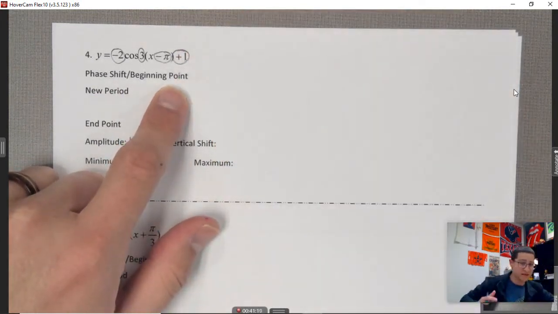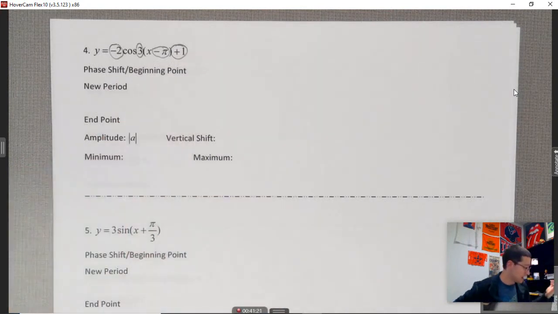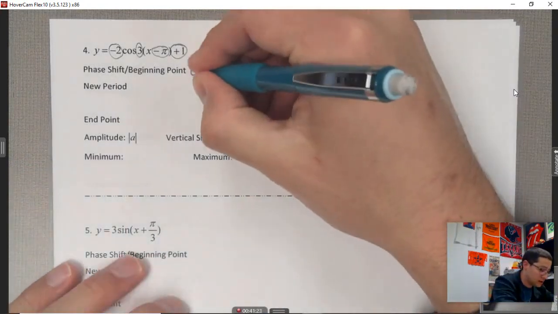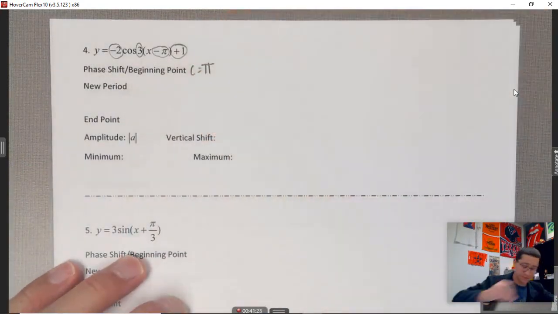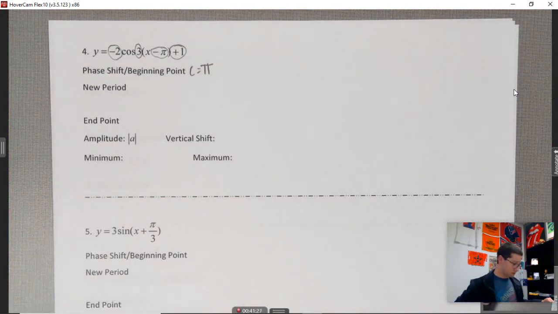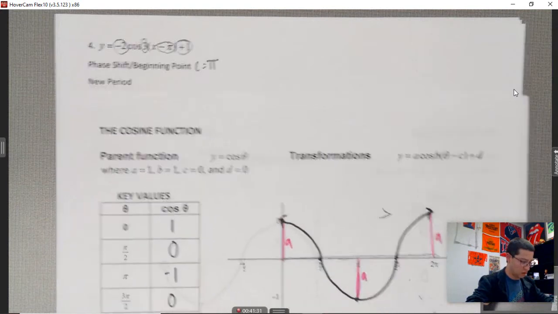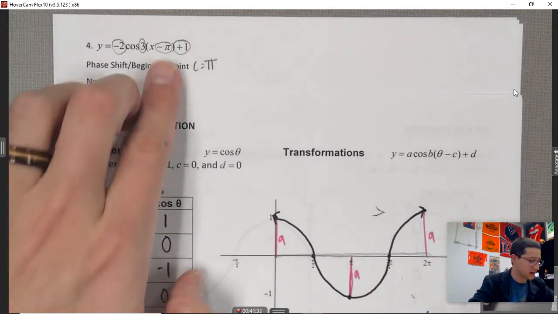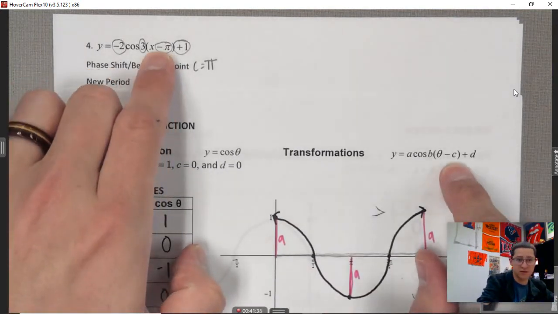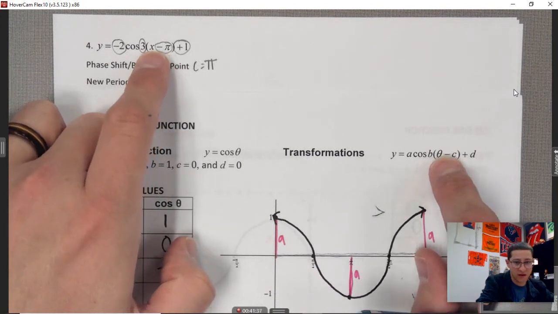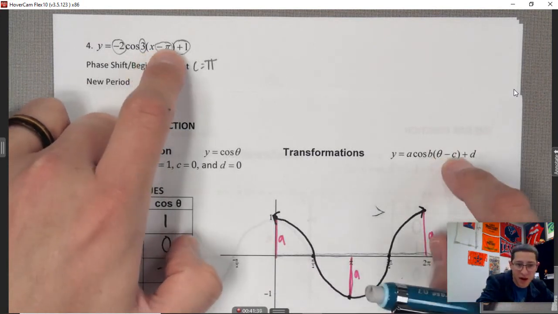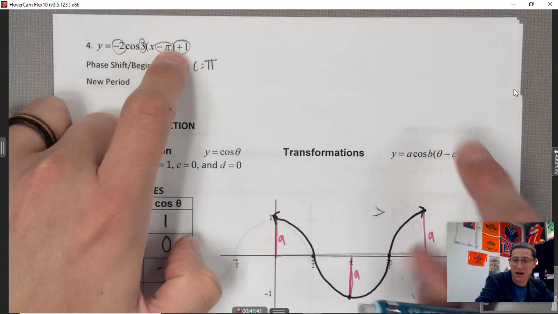Remember, that means your starting point is at pi. So your C value is equal to pi. Okay, and again, don't get confused with the whole subtracting and adding thing. We are taking x, or it could be theta, but minus that pi, right? So C is pi.